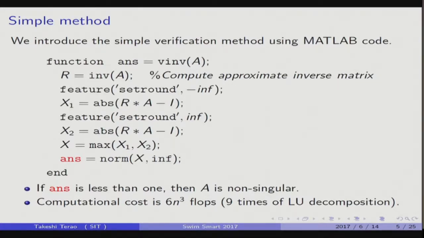So x is the maximum of x1 and x2. Finally, we compute the maximum norm of x. If this answer is less than 1, then A is non-singular. The computational cost of this function is 6 times n cubed flops.